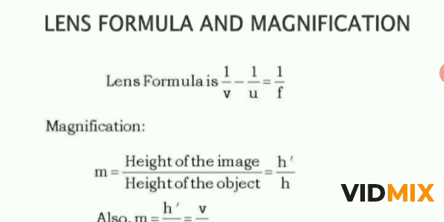If you compare the mirror and lens formulas, you will find only one difference. Here it is minus, and in the case of mirror it is plus. Means 1 upon v plus 1 upon u is equal to 1 upon f is the mirror formula, and 1 upon v minus 1 upon u is equal to 1 upon f is the lens formula.